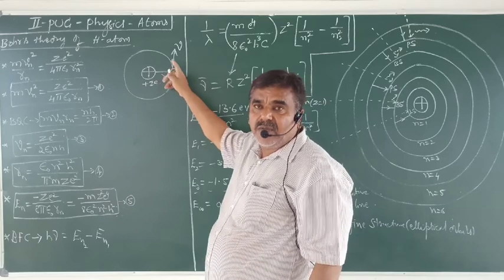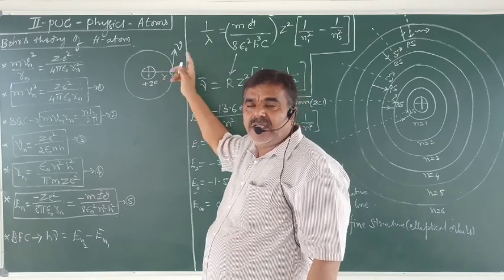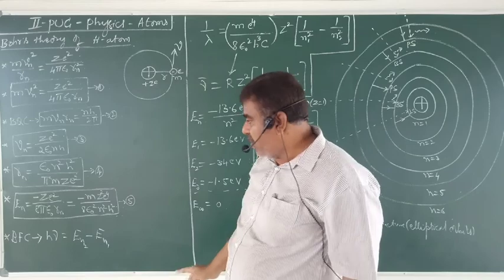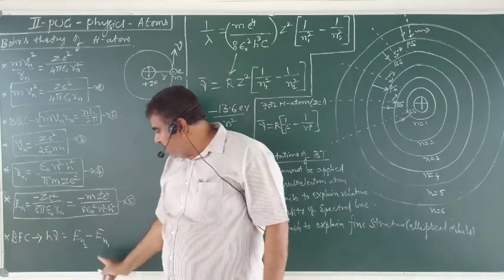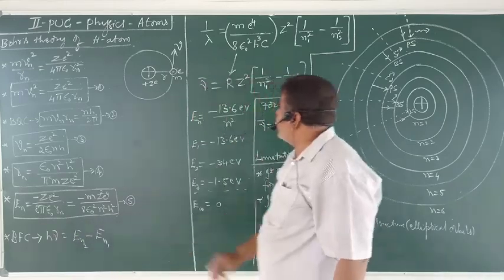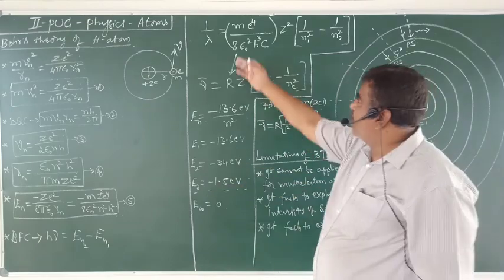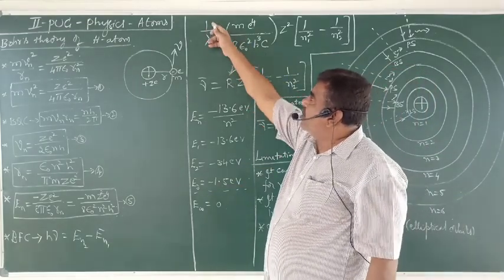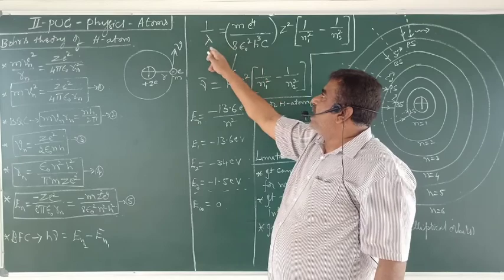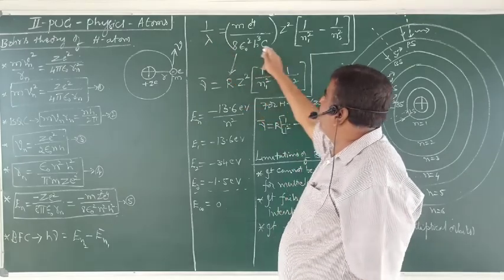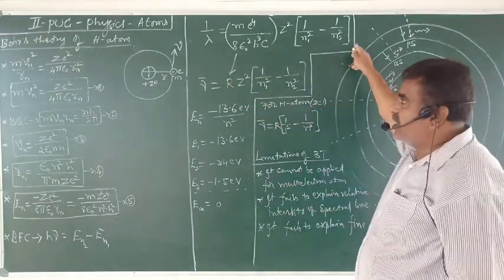When it jumps from a low energy orbit to a high energy orbit, energy is absorbed. That is Bohr's frequency condition. If I substitute h nu, and nu equals c by lambda, I will get the expression for wavelength.